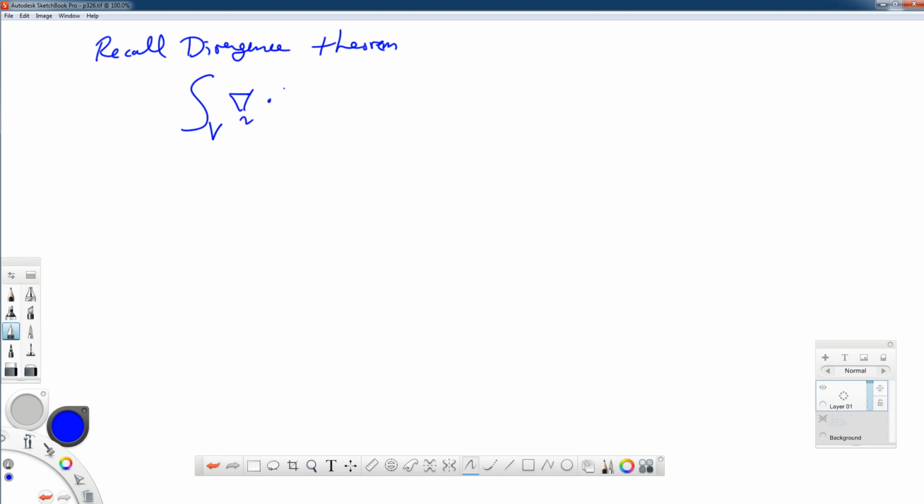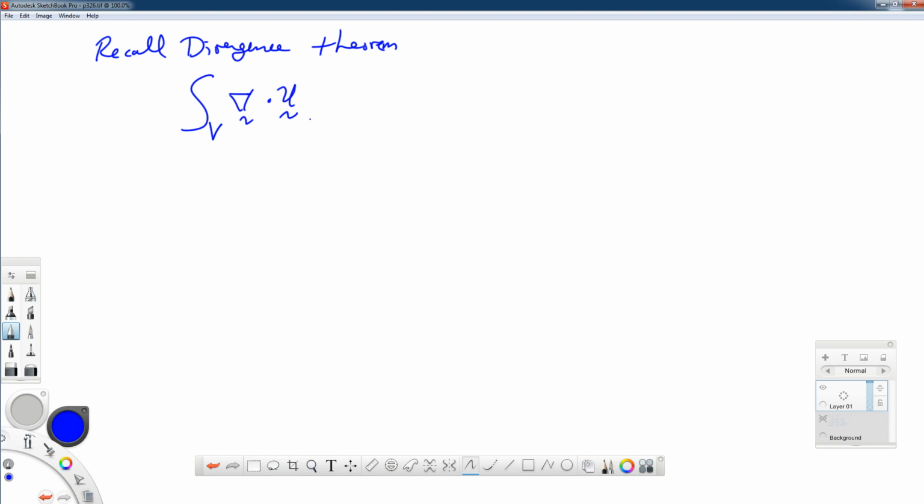So if we have a displacement field U, okay, now here's another confusing bit of the notation. This displacement field U has scalar components u, v, and w.